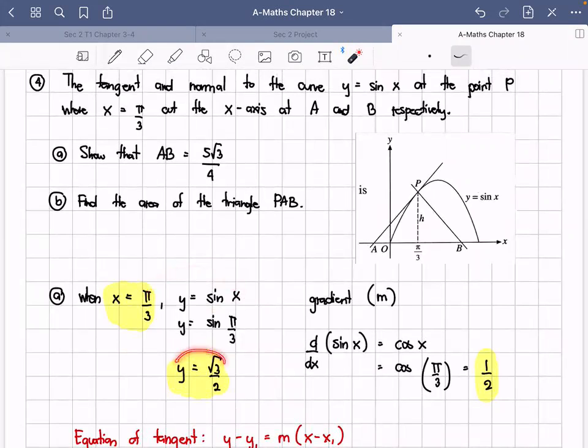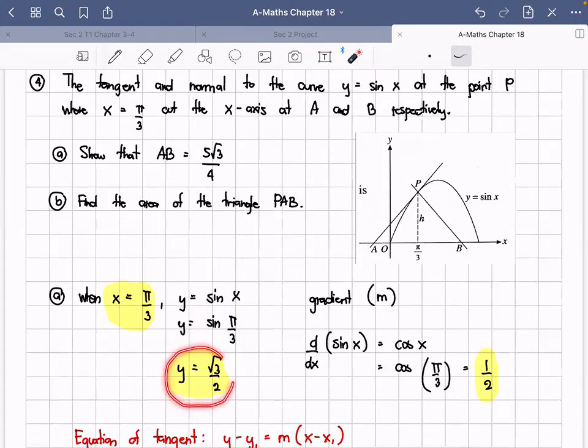So our y is sine of pi over 3. What is it in your calculator, sorry? If you type sine of pi over 3, it will give you square root of 3 over 2. Please type this in your calculators.